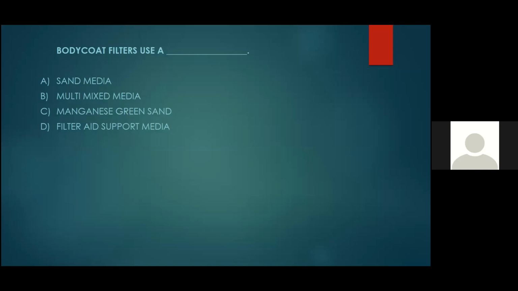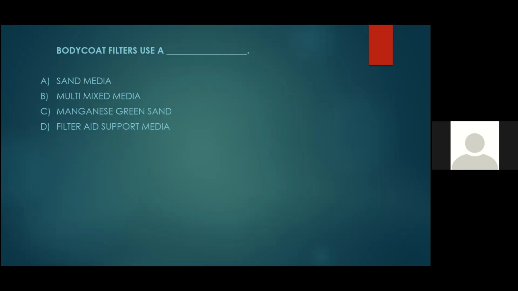So there's some terminology here we'll talk about. We talked about the diatomaceous earth filter, the DE filter, and it's a body coat filter. Sometimes in the ABC test, I see the word body coat, so that's why I wanted to talk about that. It uses a filter aid support media, and in this case that could be diatomaceous earth.